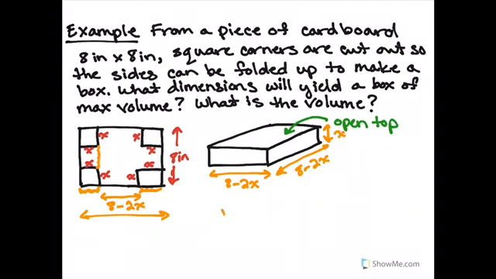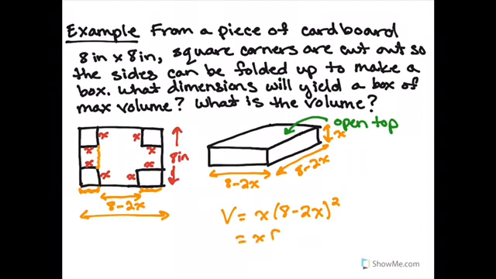So my volume then is x times (8 minus 2x) squared. Okay? Now, if we're going to take a derivative of this, it's going to be easiest to multiply this out and just power rule it, right? If I do it now, I've got a product rule and a chain rule, and I don't want to deal with that. So we're going to multiply this out.